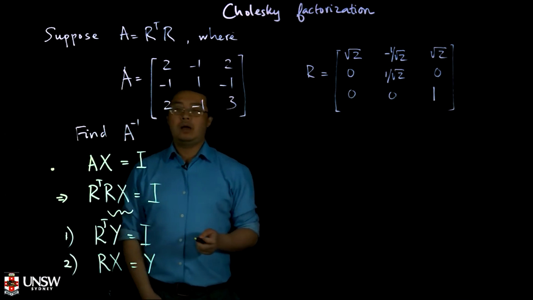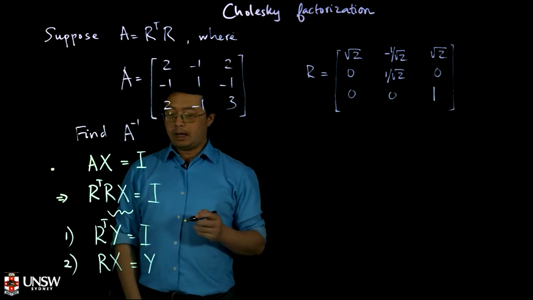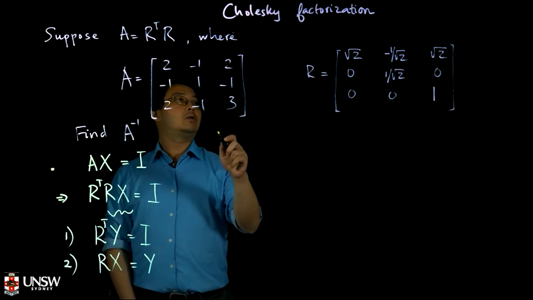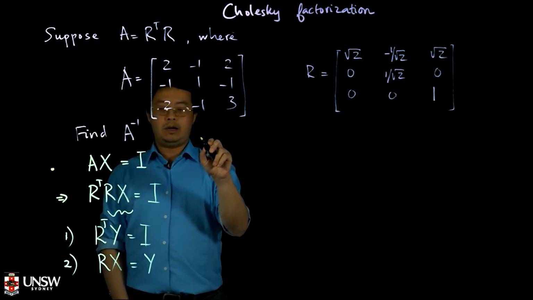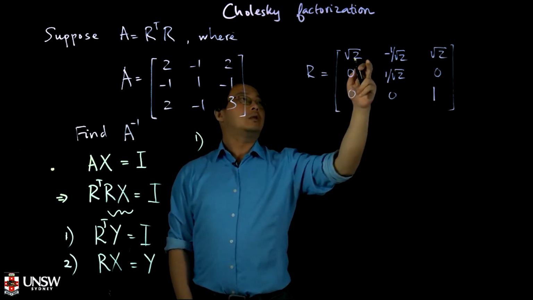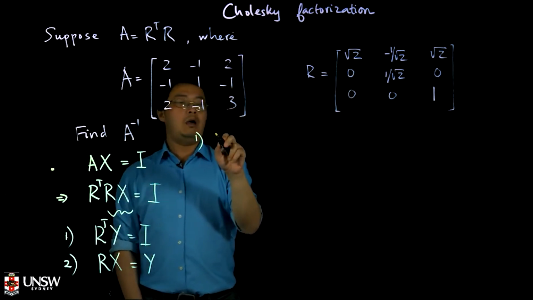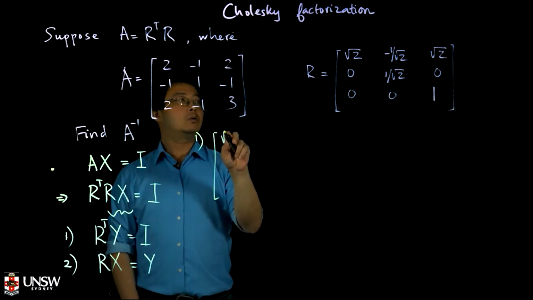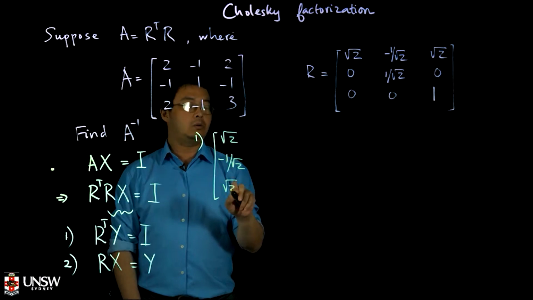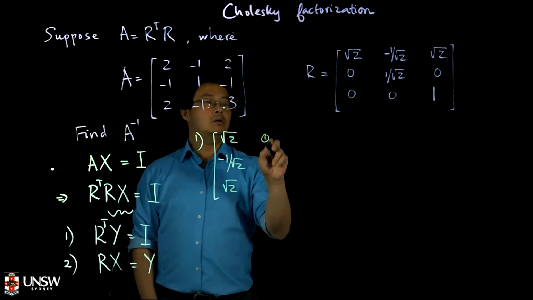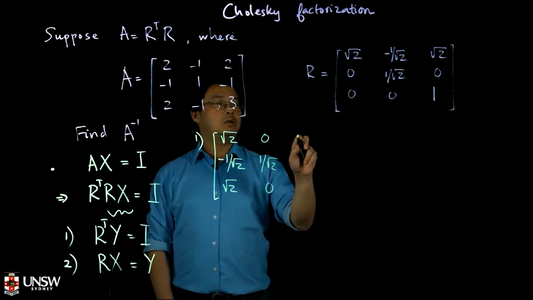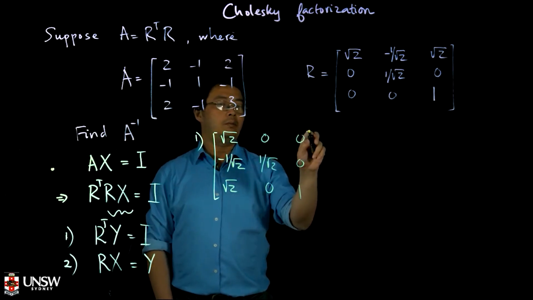So now, how do I do it step by step? In order to solve step 1, R transpose Y equals identity. This is the matrix R transpose: root 2, minus 1 over root 2, root 2, then 0, 1 over root 2, 0, and then 0, 0, 1.